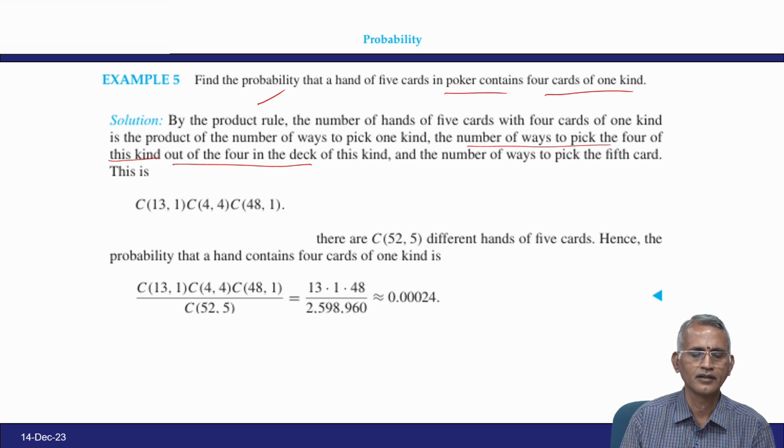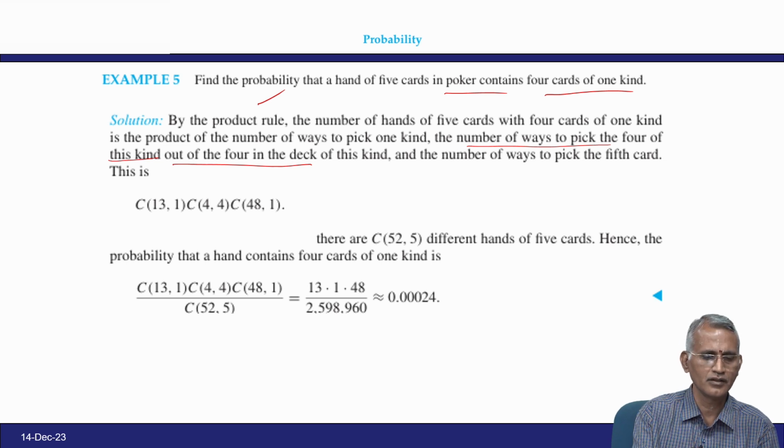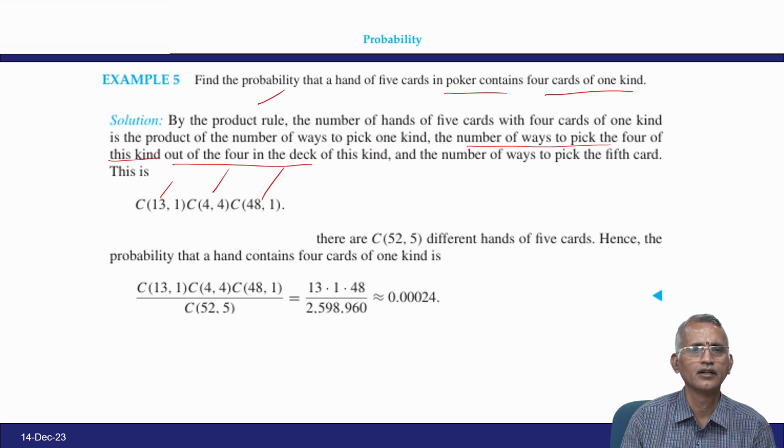Now, the combinations are 13C1, 4C4 and 48C1, and then multiply them.